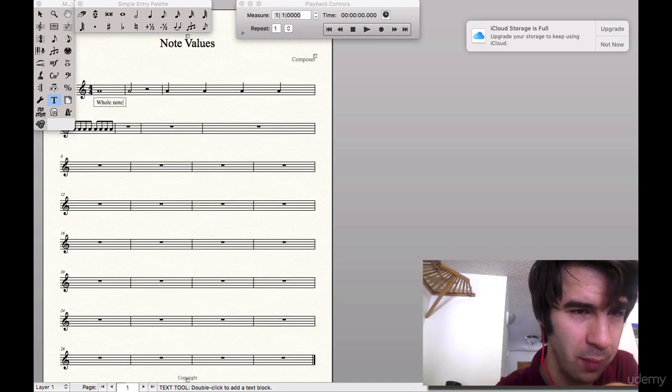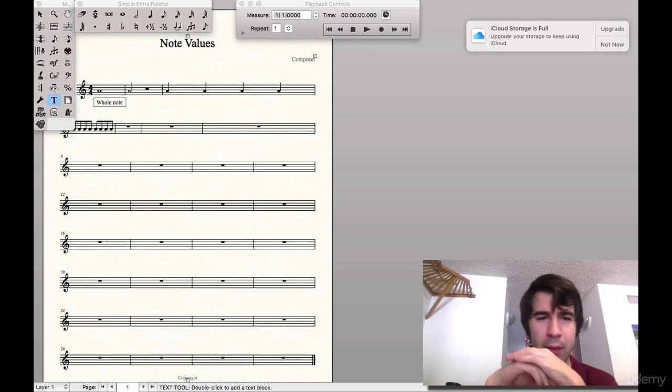Sometimes it's different, but for this example we'll use 4. So in this case, the whole note is 4 counts. Now you're asking me, how come it's 4 and not 3?